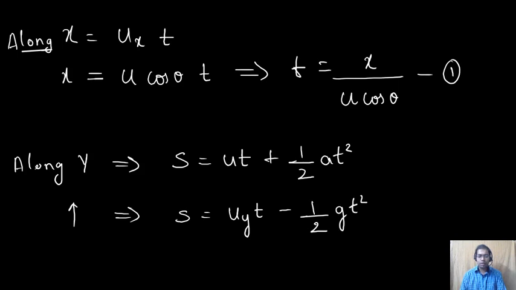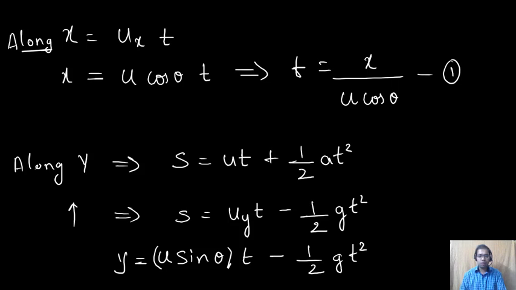Now s is nothing but displacement along the y-axis, so for simplicity we will write it as y. So y is equal to uy, which we know in terms of u and sin theta here, since it is along the y-axis: u sin theta into t minus half gt square.